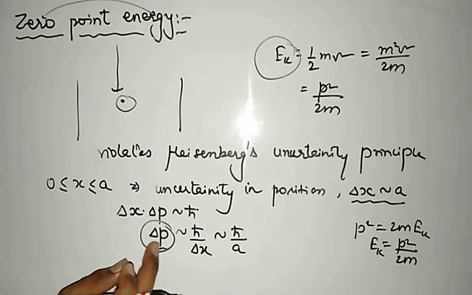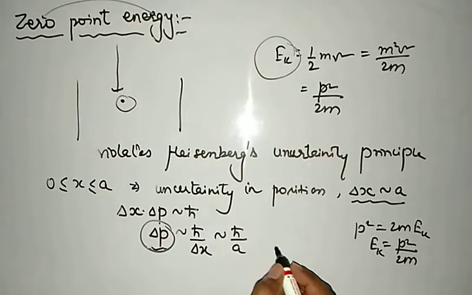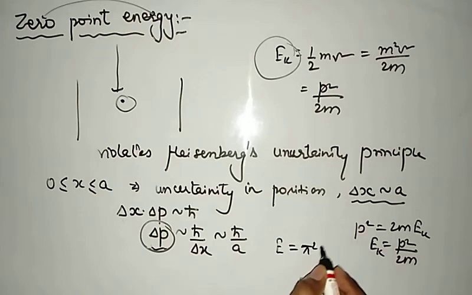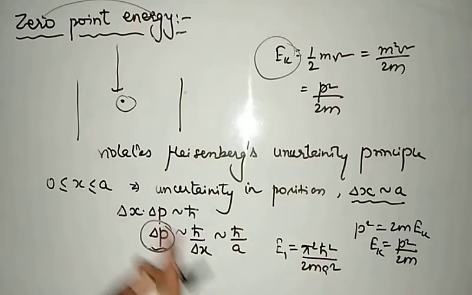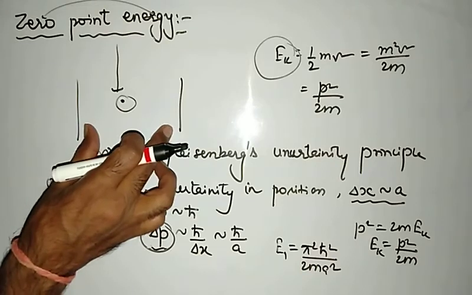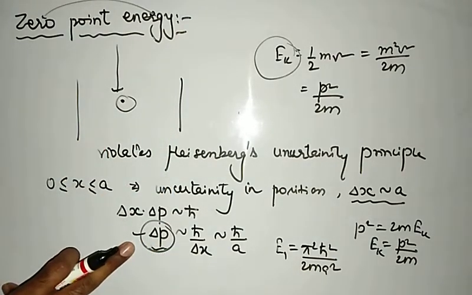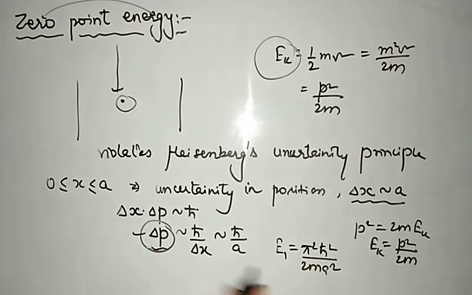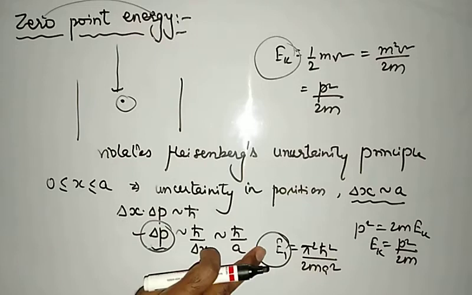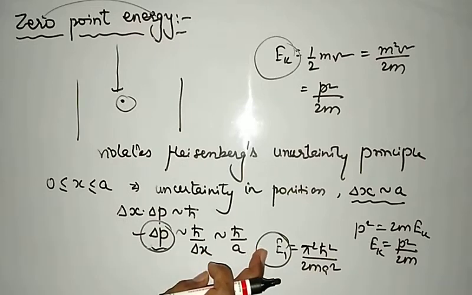And we know that for zero point energy, E1 is pi square h cut square upon 2m a square. So, decreasing a, confining the particle further, increases the uncertainty in momentum and also increases its zero point energy.